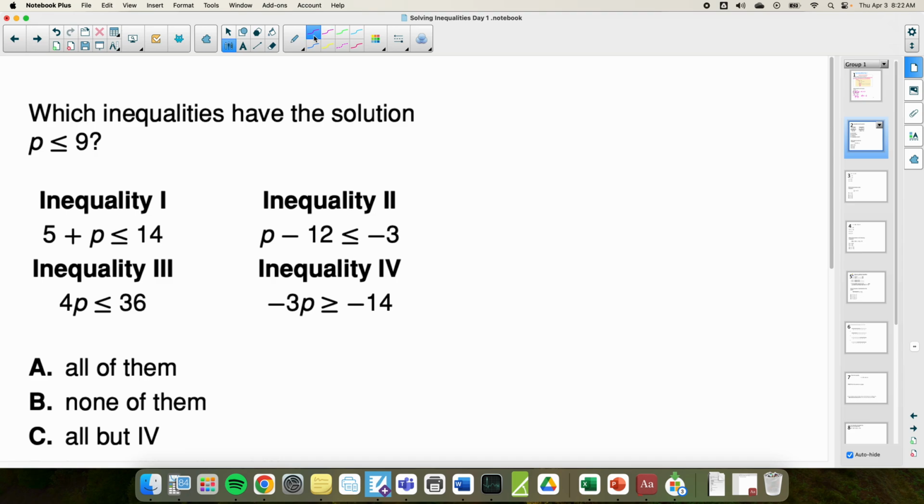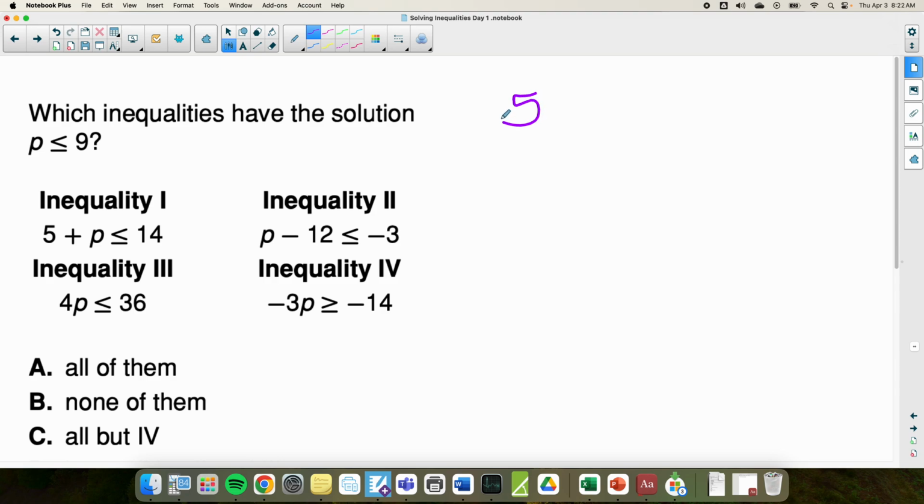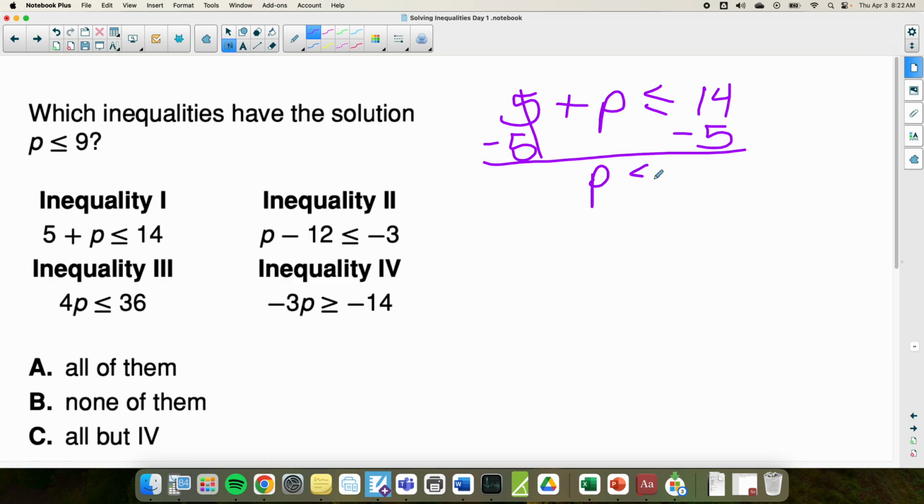So if I go over this one, the first one is 5 plus P is less than or equal to 14. So if I bring that 5 over, I get P is less than or equal to 9. And this wants us to say which one of these is P is less than or equal to 9. This one works, so I'm going to circle that one. And then you could have all of them, so you have to check if all of them work.